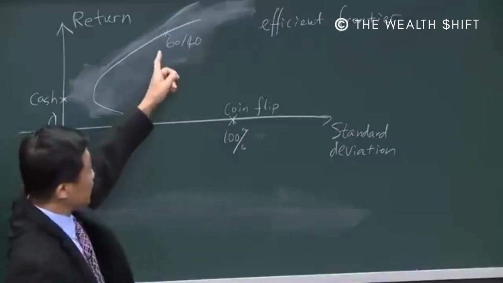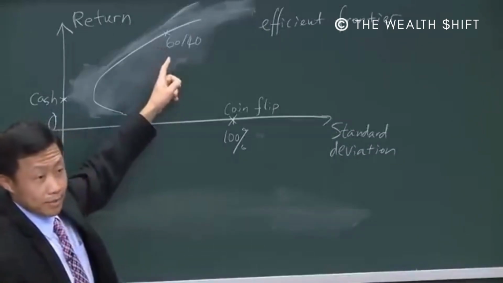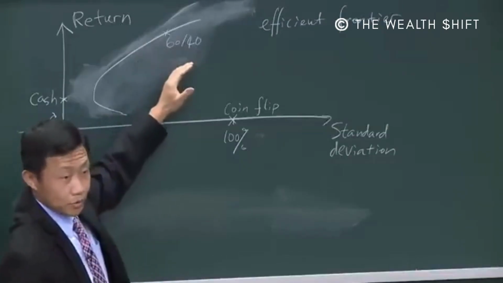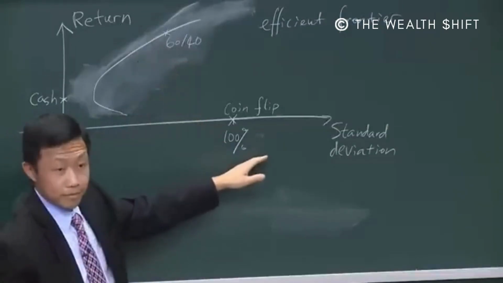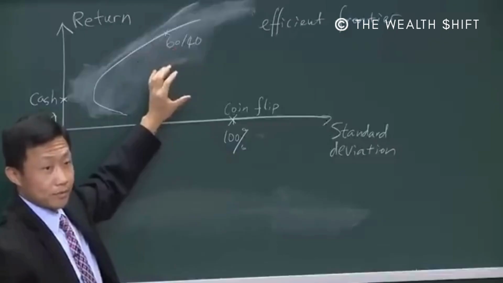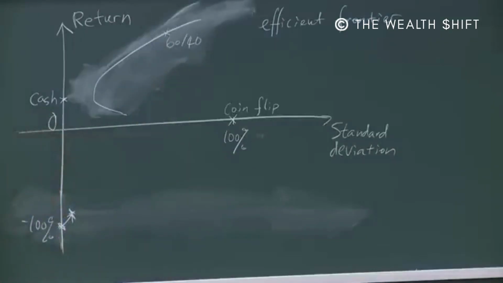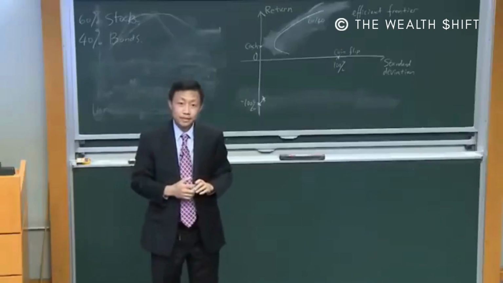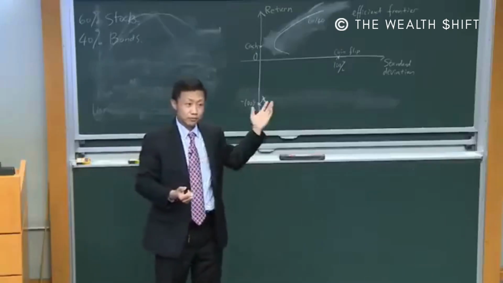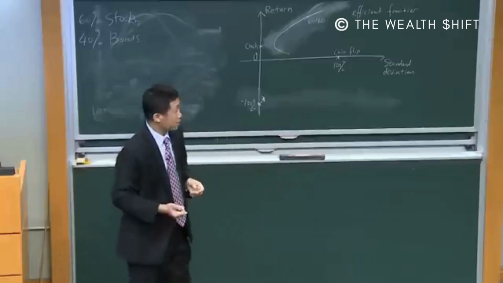So your 60-40 combination is likely to fall on the higher return and the higher standard deviation part of the efficient frontier. So that's typically what people did before 2000. For a real asset manager, the easiest way, the passive way, is just to allocate 60-40.